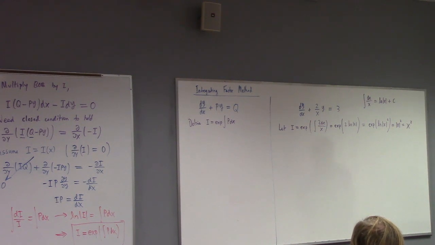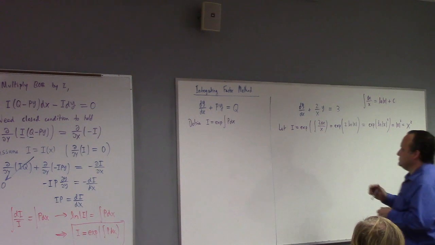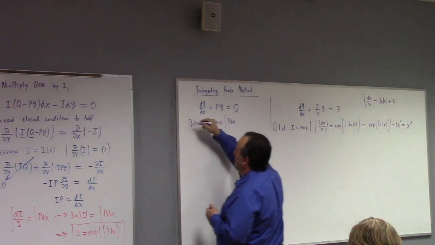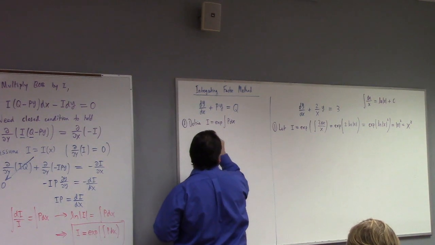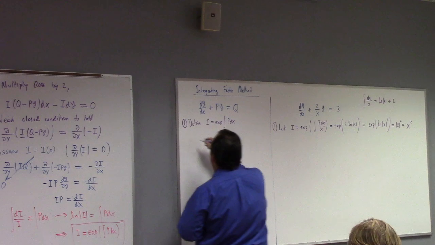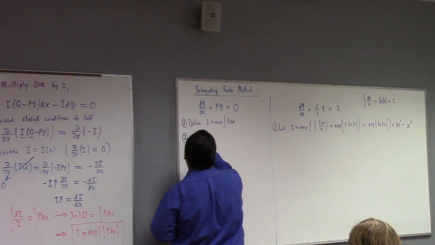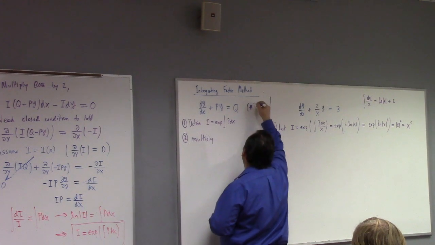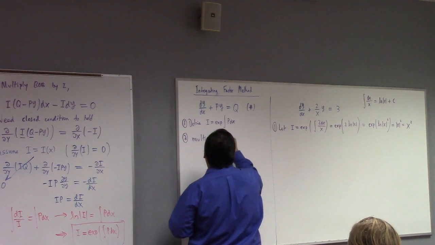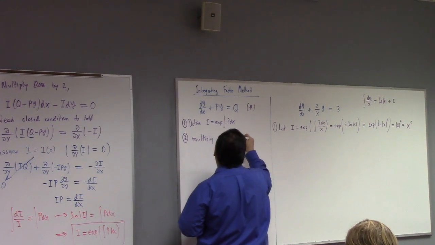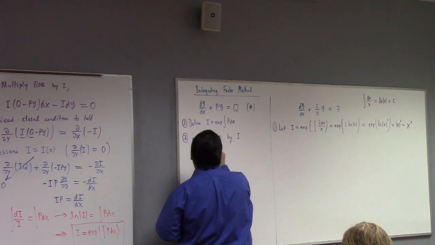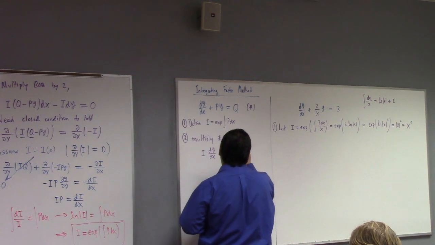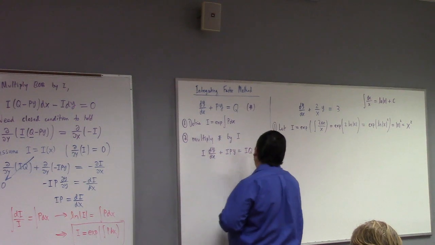All right, great. Now, so that's step number 1. Step number 2, multiply. Let's call this equation star. We'll make it famous. There you go. Multiply star by I. So that gives us I dy/dx plus I P y equals I Q. Right?